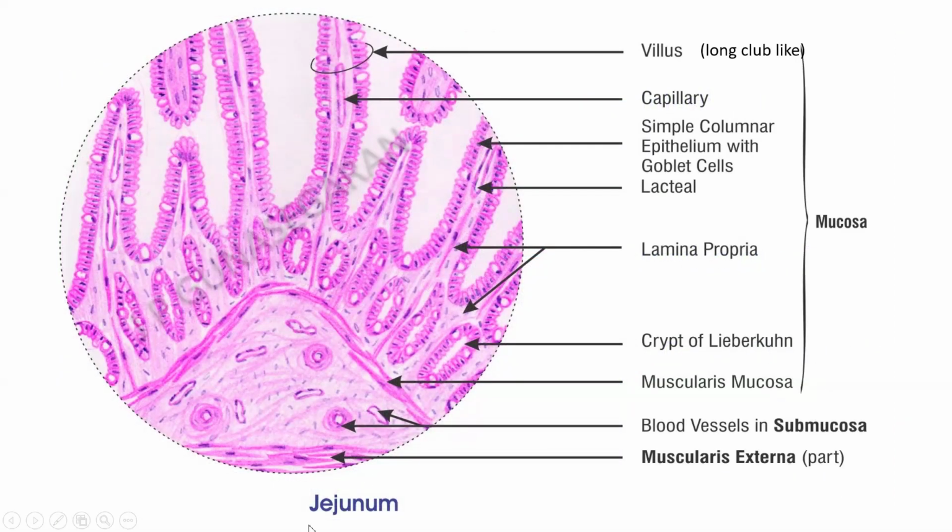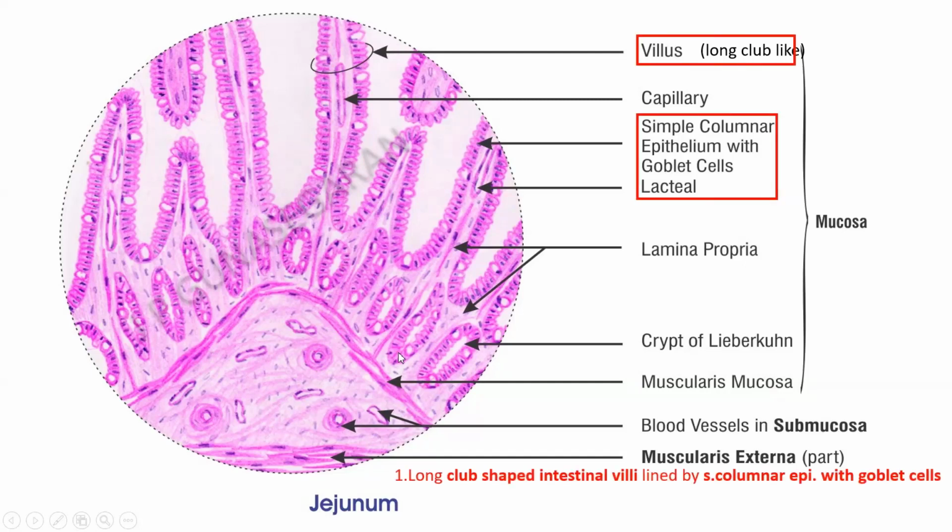This is a H&E drawing of jejunum. It can be identified by the presence of long club-shaped intestinal villi lined by simple columnar epithelium with goblet cells, absence of Brunner's glands and Peyer's patches.